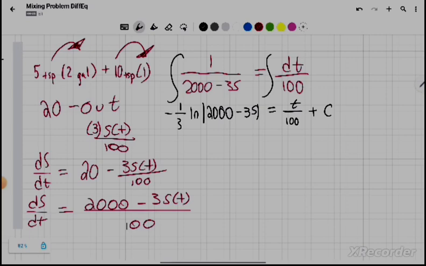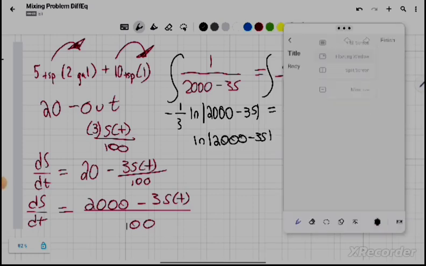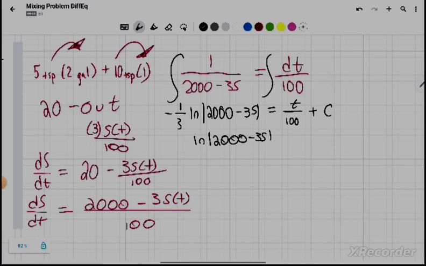Next, we're going to have the natural log of the absolute value of 2000 minus 3S is equal to negative 0.03t plus, let's just write this as C1, because we're multiplying by negative 3.